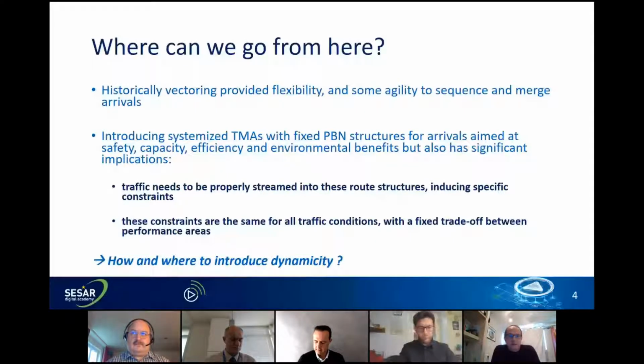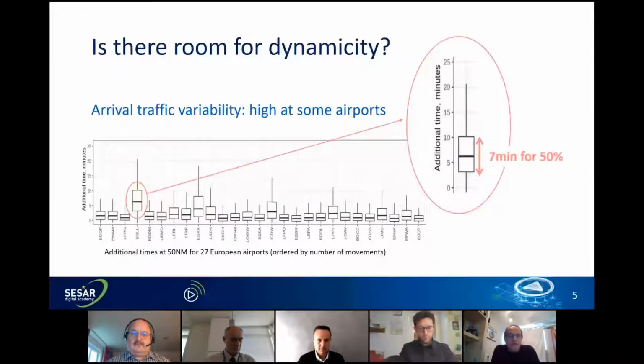Actually, first of all, is there room for dynamicity? As you can see in this diagram, it's a statistical view for the top 27 European airports in the terminal area of the yearly variation of additional times. What we call additional times is the extra flight time needed for sequencing, metering and, ultimately, if required, holding in the terminal area. You can see that there are a number of airports where the values may sometimes be high.